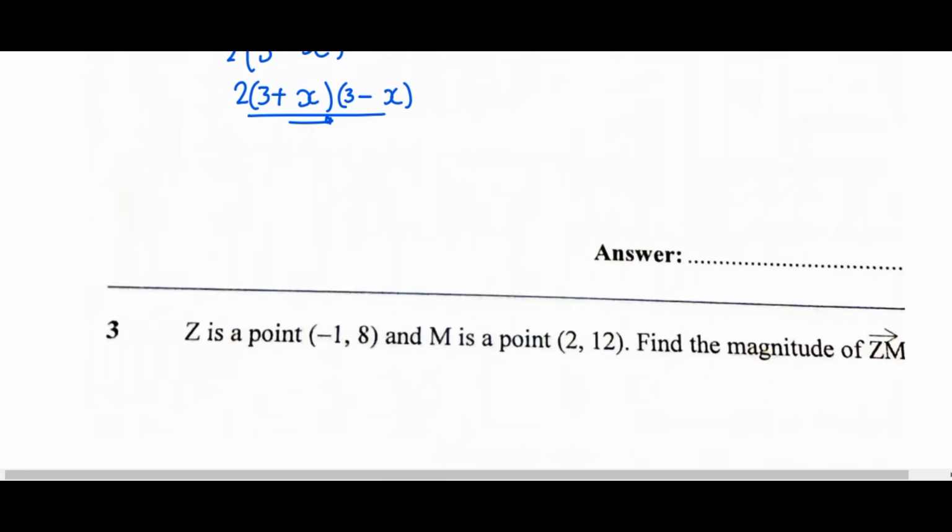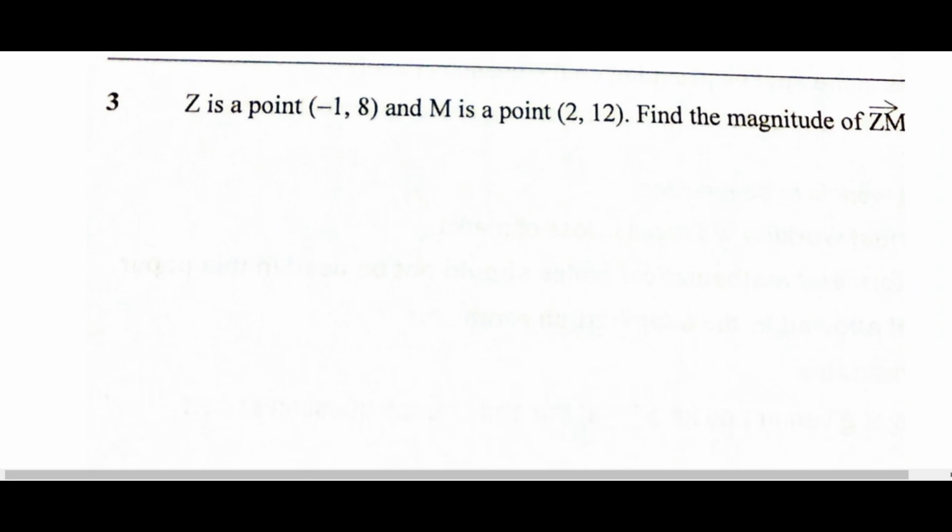So let's go to question 3. Z is a point negative 1, 8 and M is a point 2, 12. Find the magnitude of ZM. There are 2 ways in which we can answer this question.